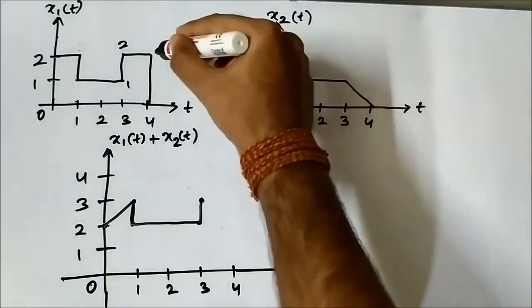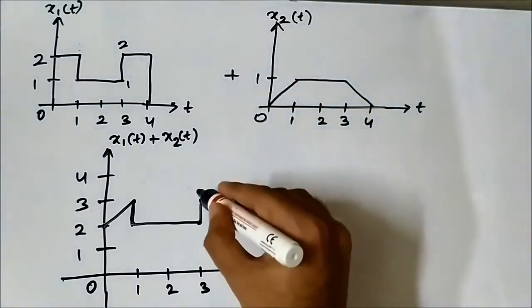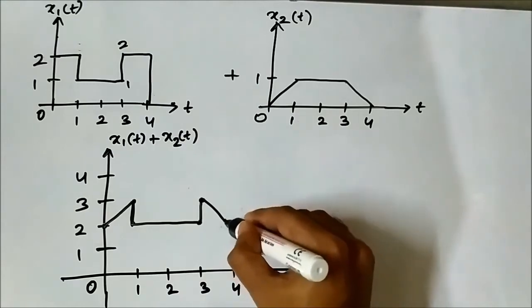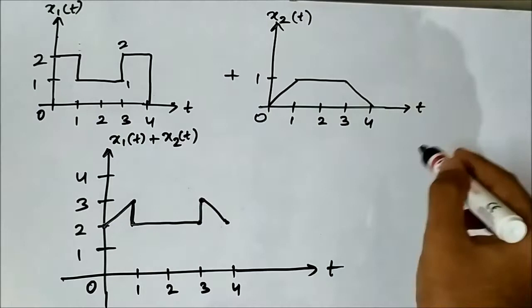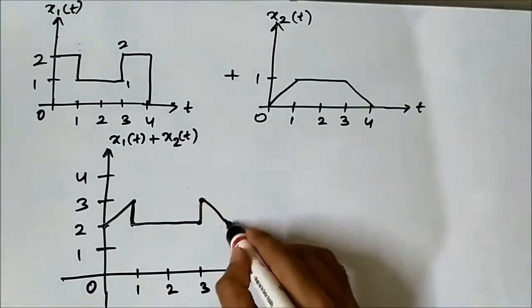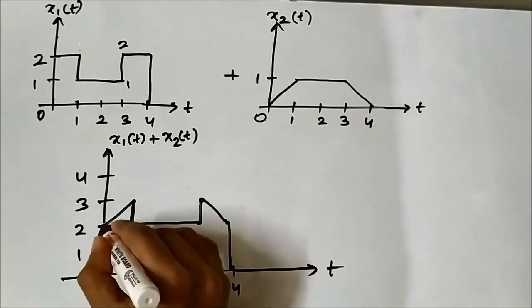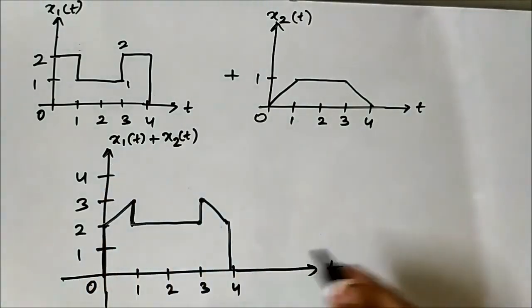So first we'll add 2 plus 0, which will be 2. And again the final value is 0 in both cases, so it will be 0 plus 0, which is 0. So the shape of the signal is something like this, x1(t) plus x2(t).